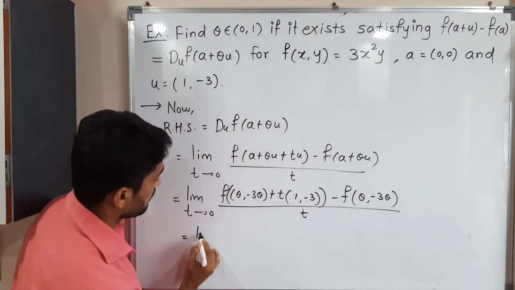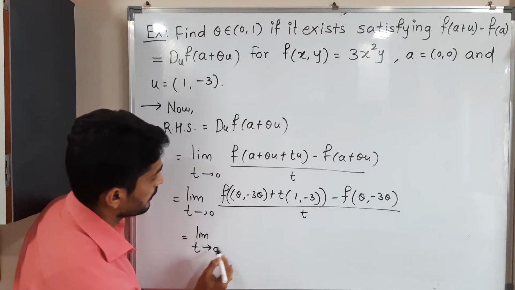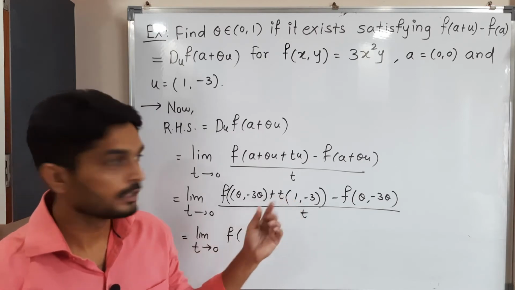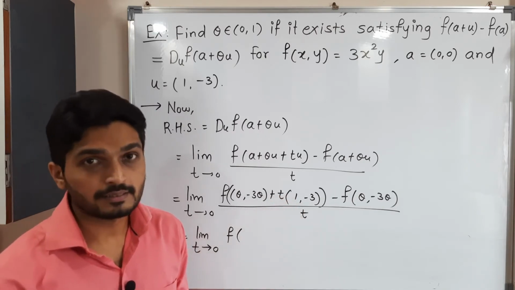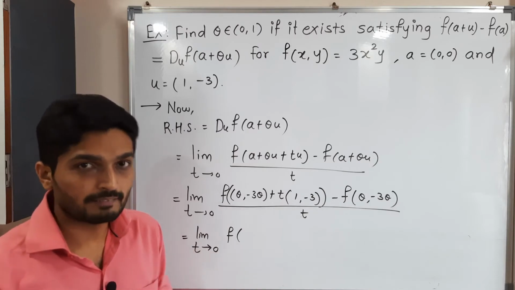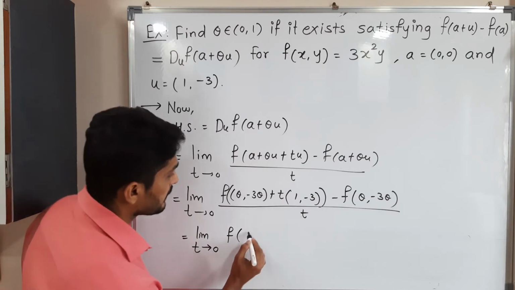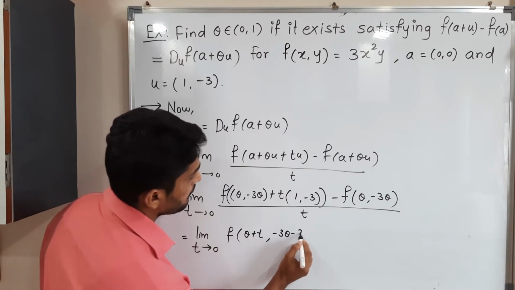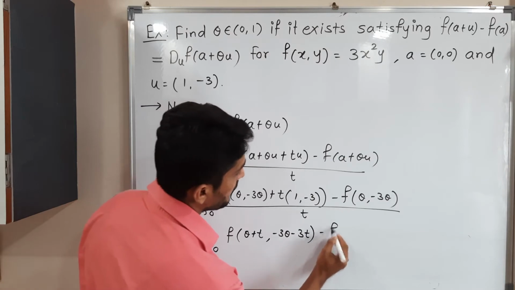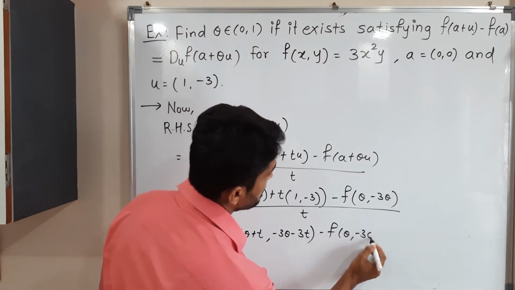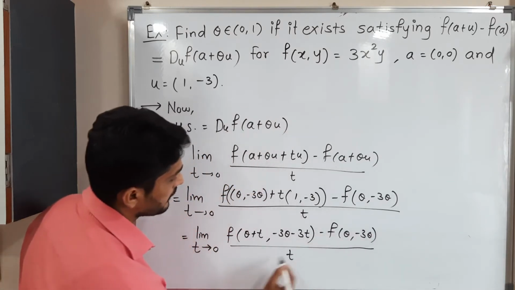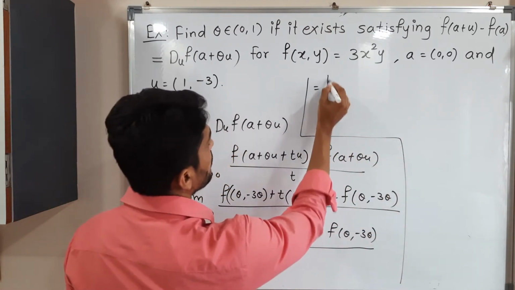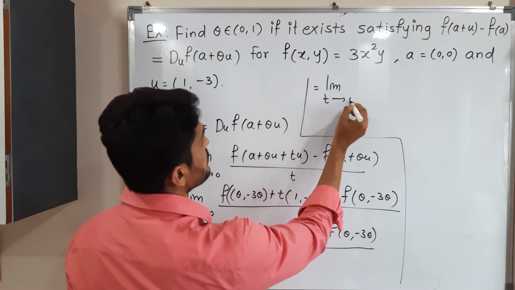What we need to do is multiply first, so we have t and minus 3t, and then add component wise. I will do both things simultaneously. So it will be theta plus t, and minus 3 theta minus 3t, minus f of theta comma minus 3 theta, divided by t. We have a space here, so I will solve. This is equal to limit t tends to 0.